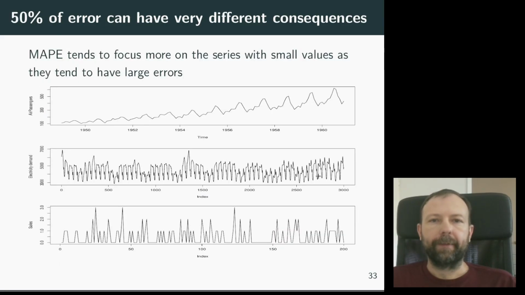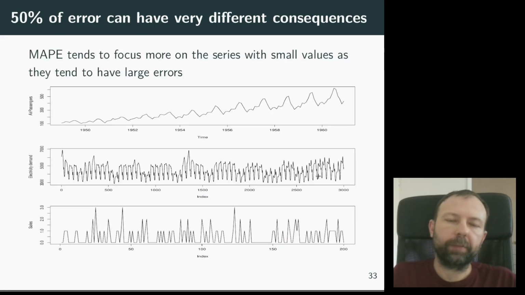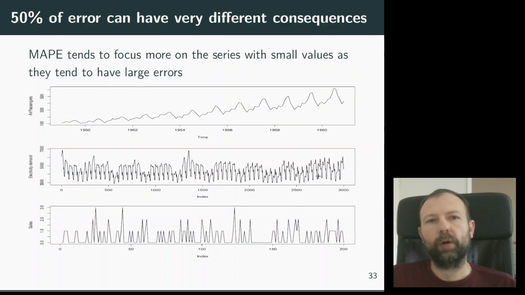Another problem of the MAPE is that 50% of error can have very different consequences. So the MAPE tends to focus more on the series with small values, as they tend to have larger errors. Here I give you an example.